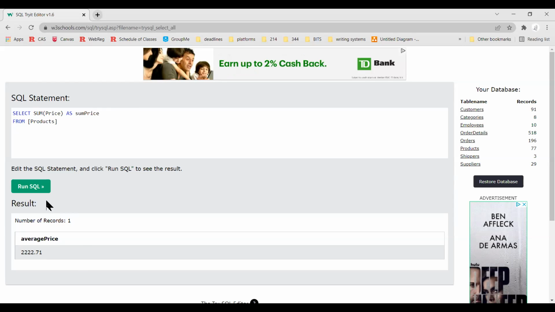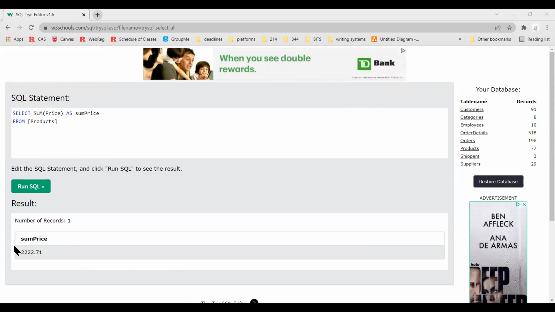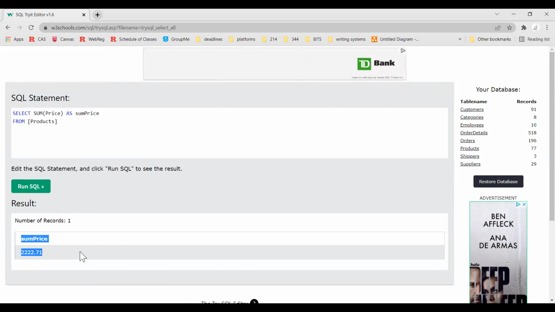But here we go, sum price. Or I could call it total price, but whatever. So there we go. That's the sum of all the things in products. So if we wanted to buy one, however big the package size is, of every single thing in products, that's how much it would cost us. I don't know if that's in US dollars. I guess it is.